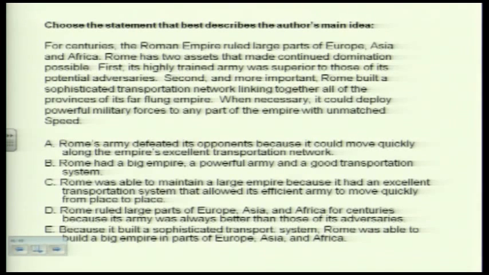It's going to be on the last page, page 8. I'll give you 2 minutes.